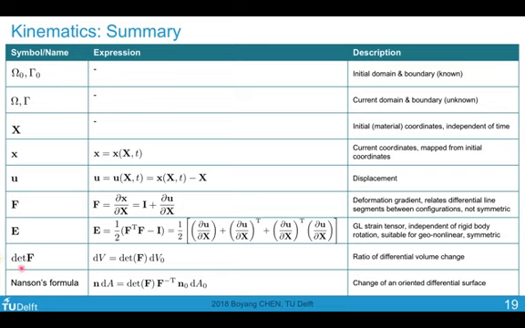Then we have determinant F, which describes the change in volume, and Nanson's formula, which describes the change in an oriented surface. This is a summary of all the kinematics description in the framework of 3-dimensional geometrical nonlinear deformation.